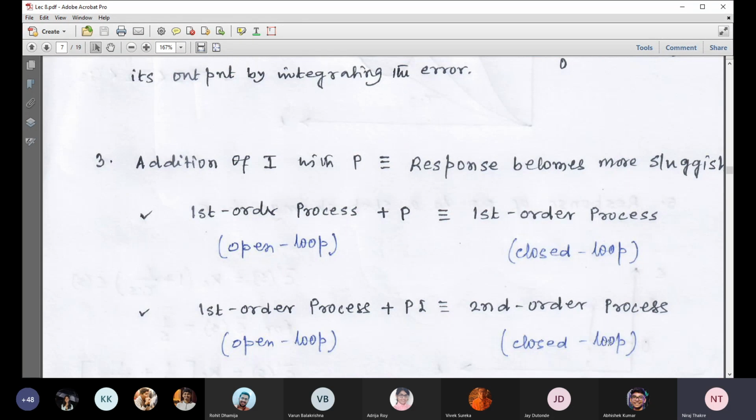Suppose we have a first order process. We are adding a P only controller. Then there is no change of order. We have a first order process, we have a PI controller. The order has increased by 1.